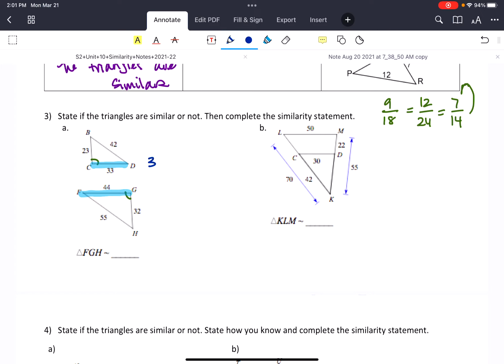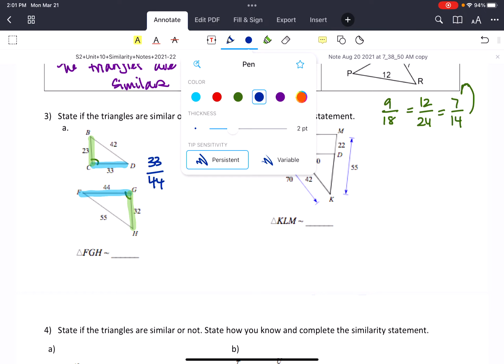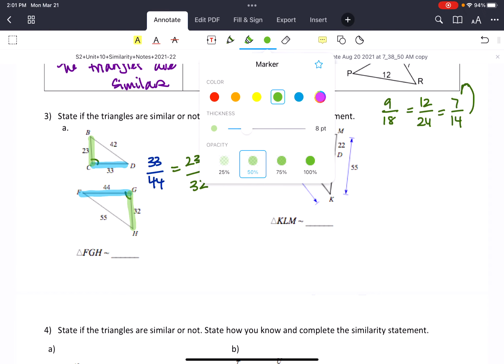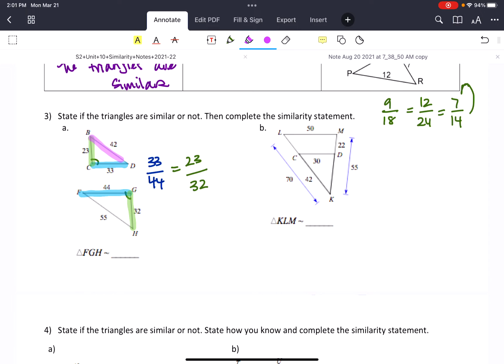So that gives us 33 over 44. And then we could make GH and CB line up, which would give us 23 over 32. And lastly, we could do the last side. So that would give us 42 over 55.